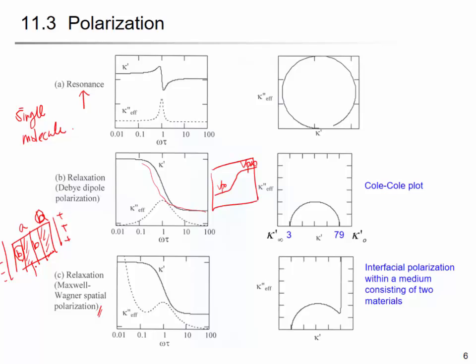Right? So one material is more polarized than the other material, so that you have this kind of relaxation behavior. It's called the Maxwell-Wagner spatial polarization. And we'll talk about them more in, I think, a couple of slides.